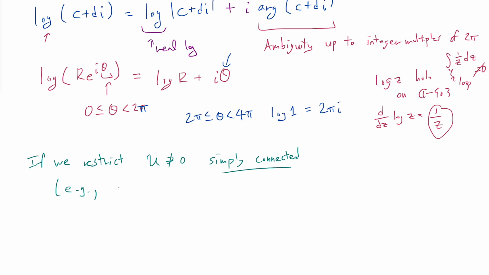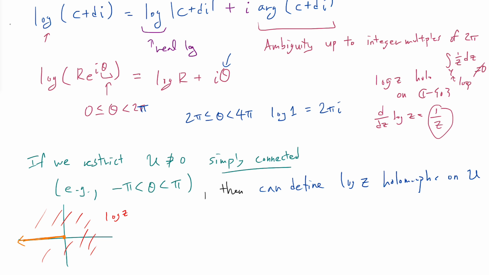So let's cut out from minus pi to pi. If you do something like this, then I'm only considering this part of the complex plane. I'm cutting out this closed ray. And if you only care about defining log of z on this red region, the complement of this orange path, then it is true that you can define log of z in a holomorphic sense.